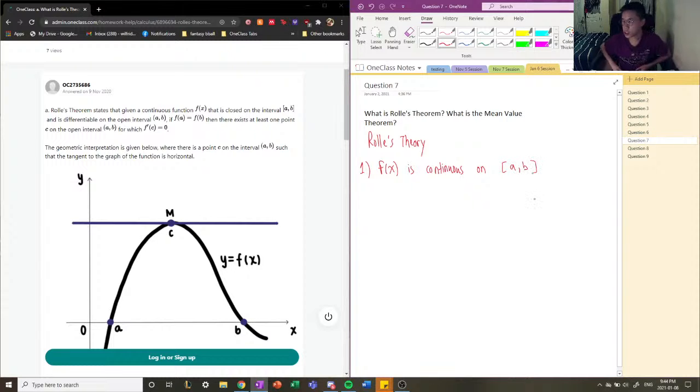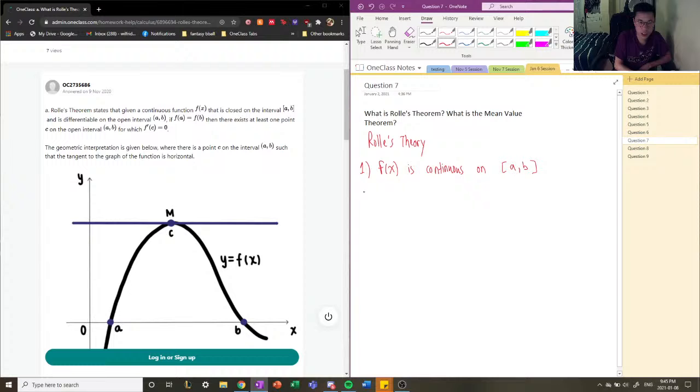Okay, so this theorem does not work with discontinuities. Any kind of discontinuity, like a jump or a hole discontinuity, it will not work. Okay, so what it means that a function is continuous is that it is smooth along this whole interval. There are no jags, no discontinuities, no vertical asymptotes. It is totally smooth on this interval.